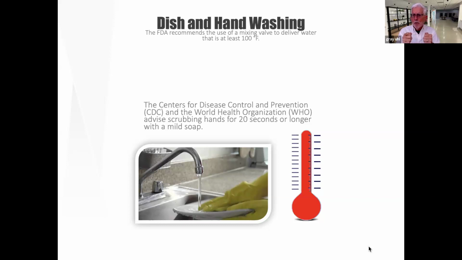It was designed for the dishwasher equipment, and it has to do with a temperature so that the chemicals in the dishwashing elements can loosen the food and remove it. But it's not the same as hand washing. So if you hand wash a dish, you actually don't need the temperature that high. That's for the equipment. So if you're at 100 degrees in hand washing, that's more than adequate.